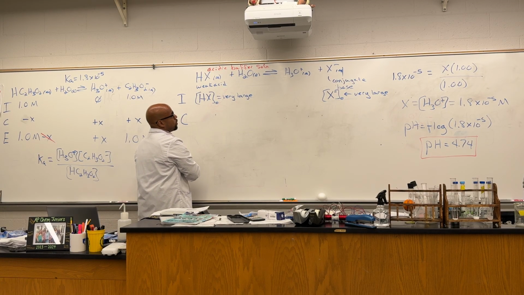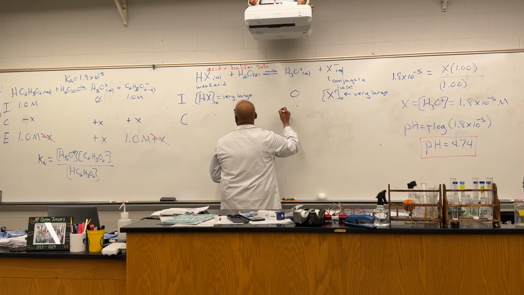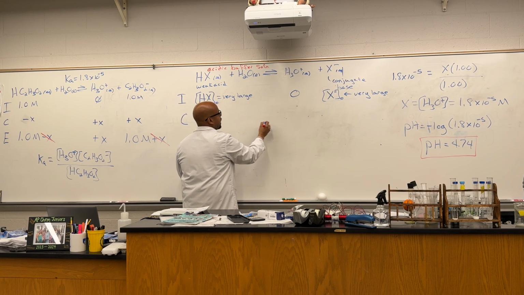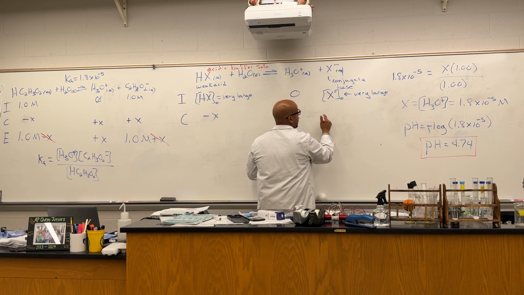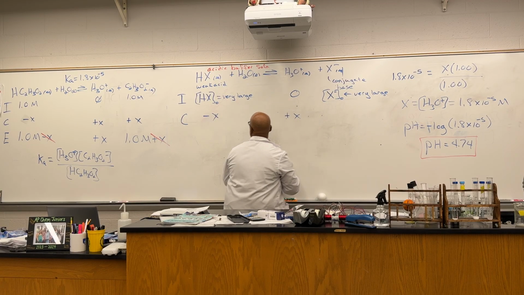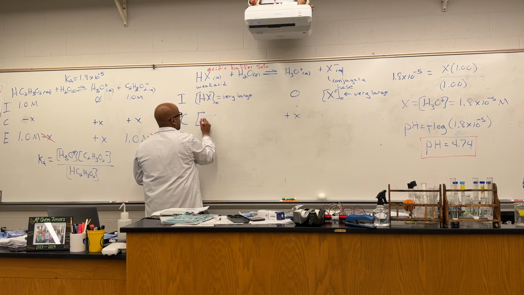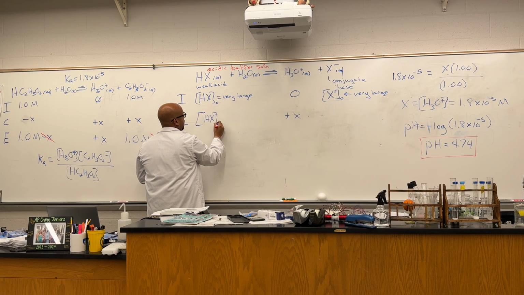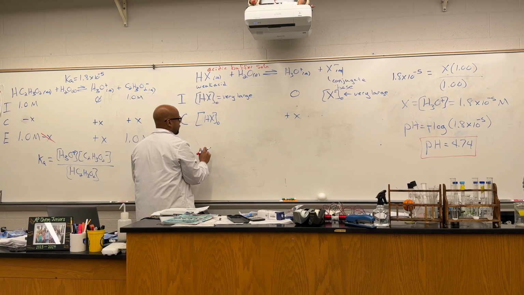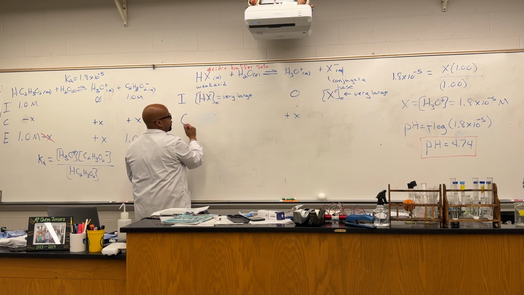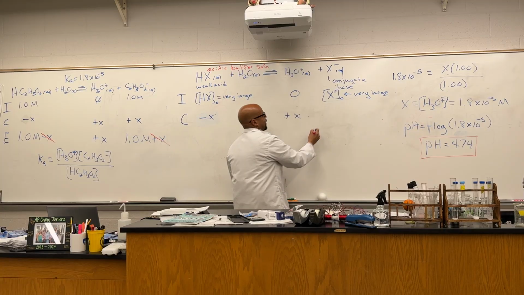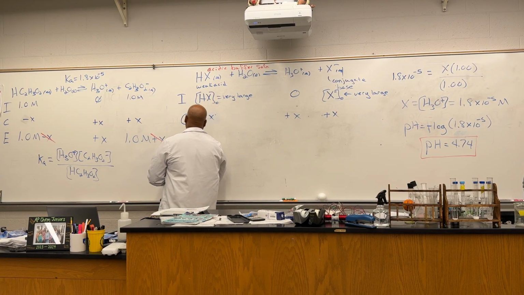The change. Well, this is going to be 0 right here. So this, of course, is going to be minus X, this is going to be plus X, and this right here is going to be, I got to say initial. HX, initial. I'm messing this thing up. I'm not at the equilibrium yet. So once again, minus X and plus X here. Sorry about that.